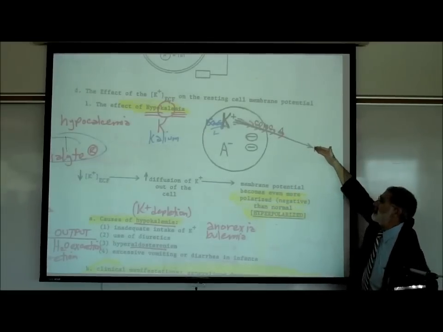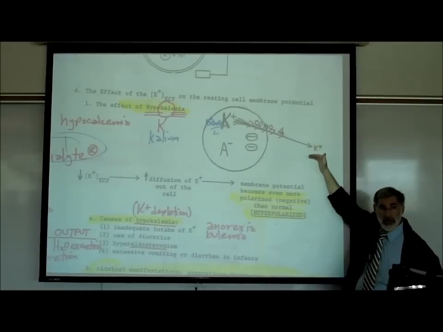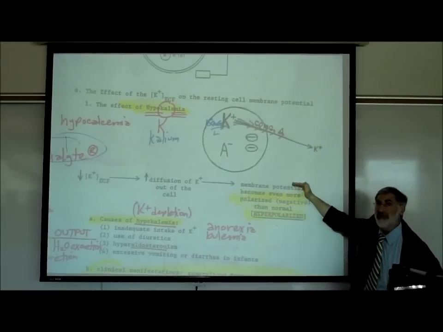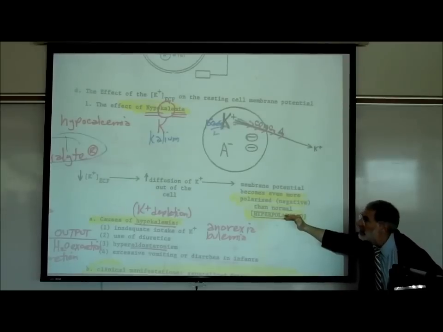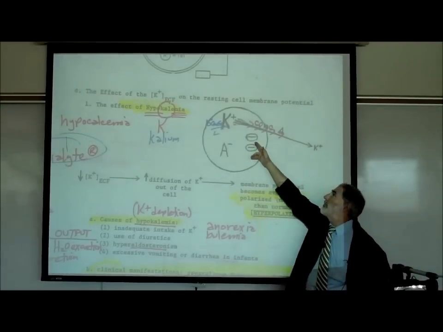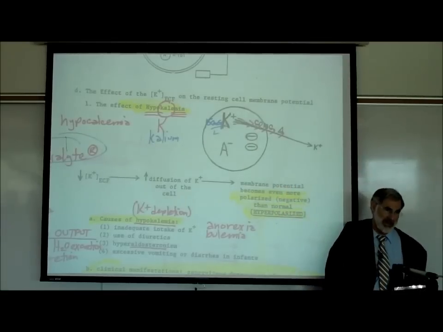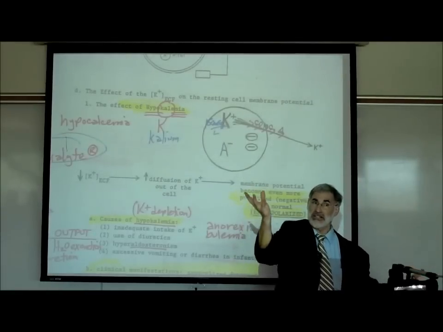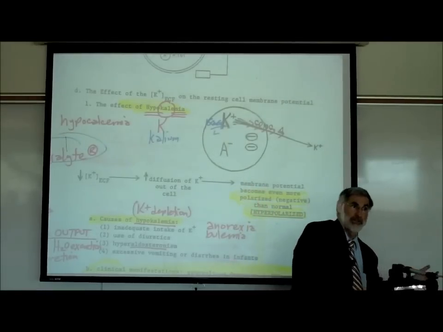As the potassium level starts to drop from 5 to 4.5, from 4.5 down to 4, from 4 down to 3.5, from 3.5 down to 3, as the extracellular potassium level is dropping, now we're increasing the concentration gradient. Remember, we've learned that the bigger the difference in concentration, the faster the rate of diffusion.